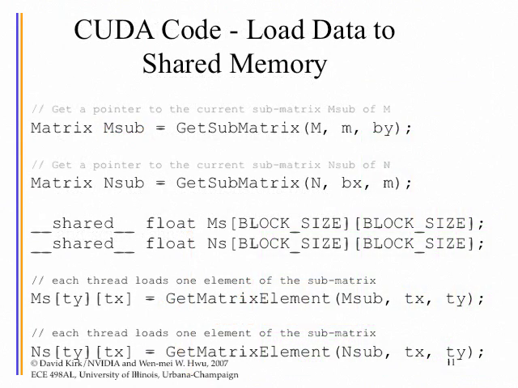So the first phase of the kernel is to load up the corresponding shared memory location, and this is get matrix element M sub and tx and ty. This is actually just a macro, and I gave you the code later on. It's just an index into the global memory to find the corresponding location.